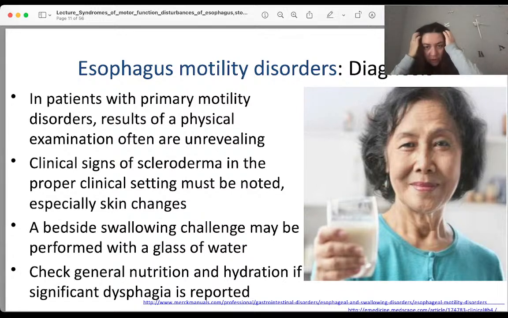If it is secondary to some systemic process, you should find other systemic symptoms. A bedside swallowing test may be performed with a glass of water. For every patient with suspected esophageal motility disorders, you should check general nutrition and hydration if significant dysphagia is reported.